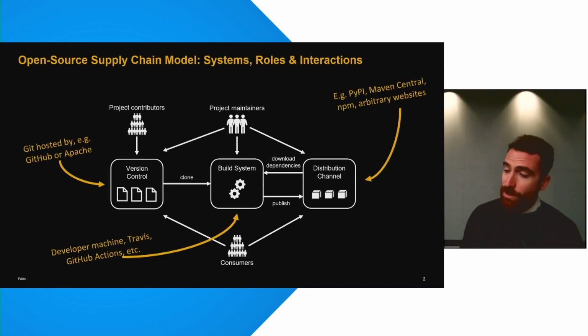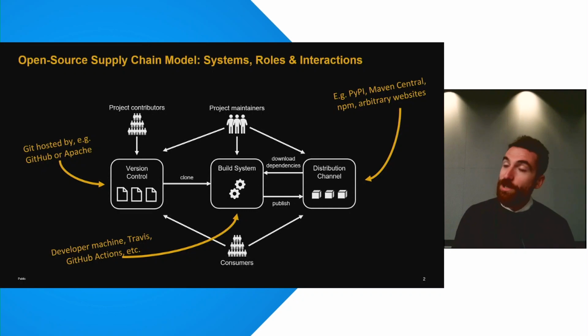The way open source software is commonly built, everything starts with a versioning control system where the source code is stored and available, and where project contributors can submit their proposals for changes to the software via merge request.